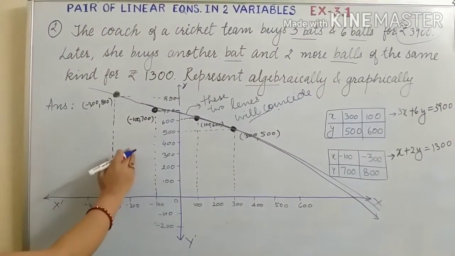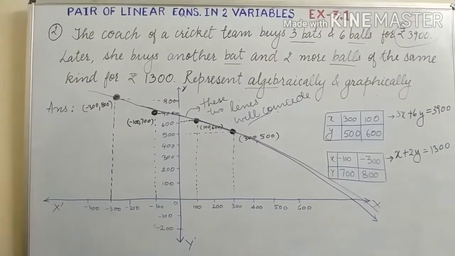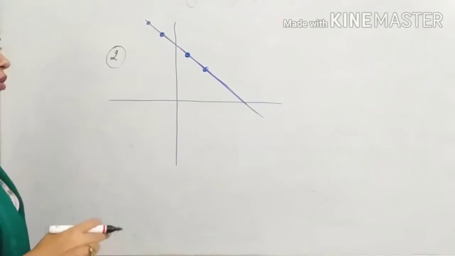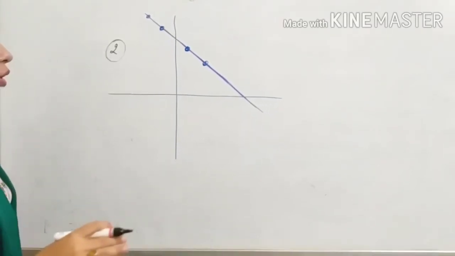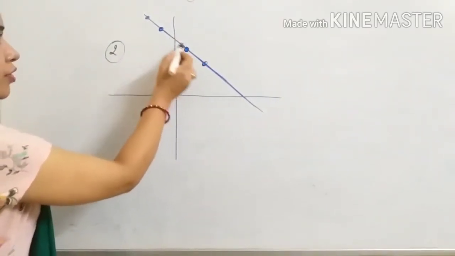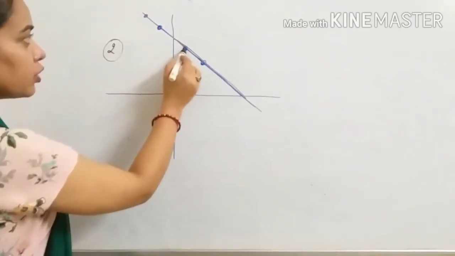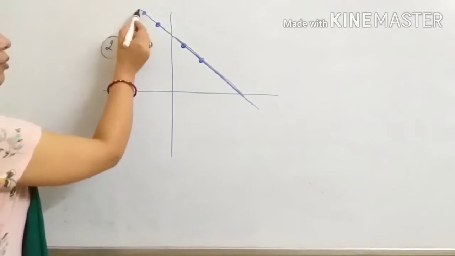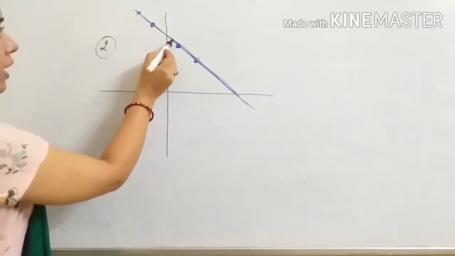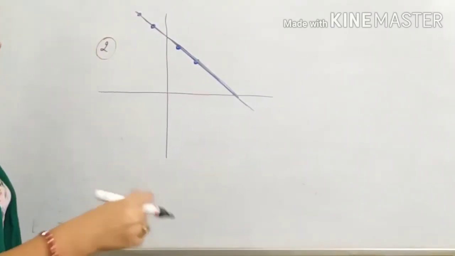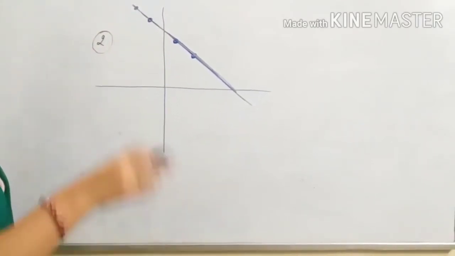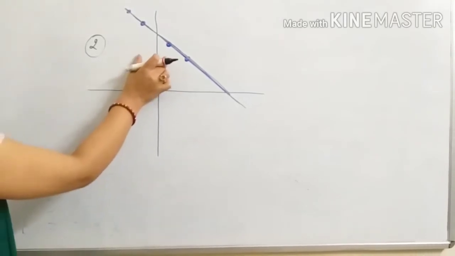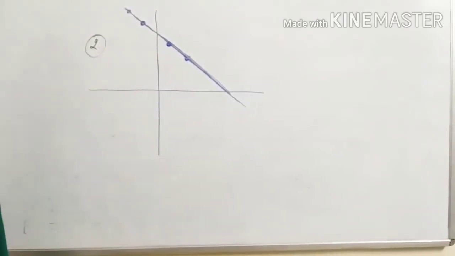Now, by this, the question number 2 is finished. Second question, the graph we have plotted right now. In that, we saw that the first line was like this. Only 2 points were there because I have used only 2 coordinates, and the second line was like this, and it was coinciding. But to check whether it is actually coinciding or not, you must take more than 2 points. In such type of equations, I will suggest you always take at least 3 points.